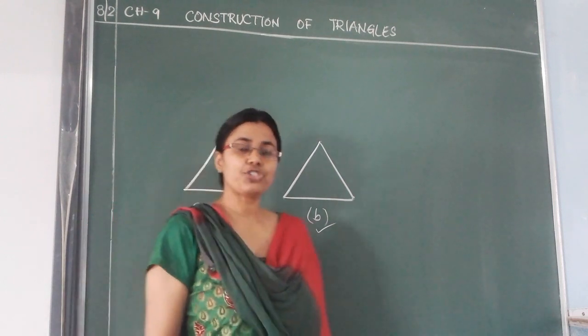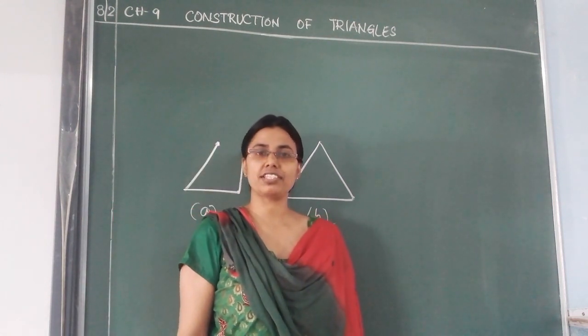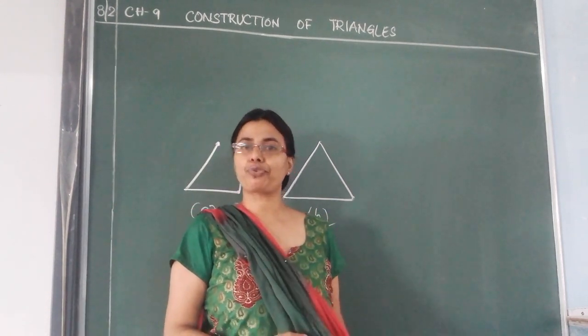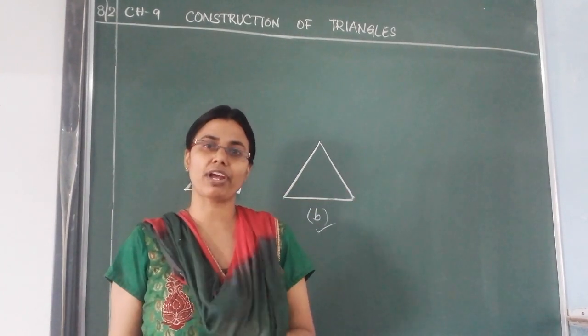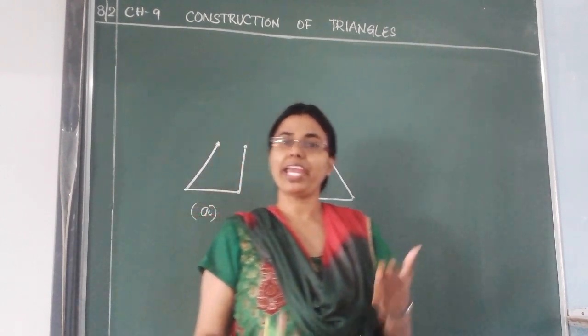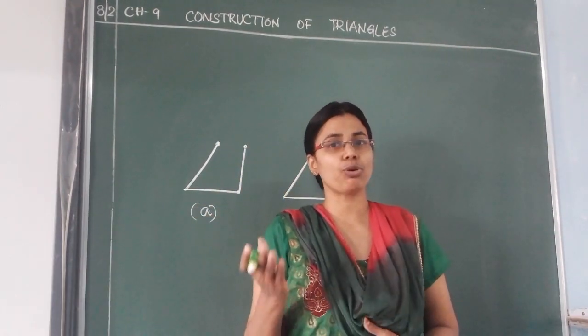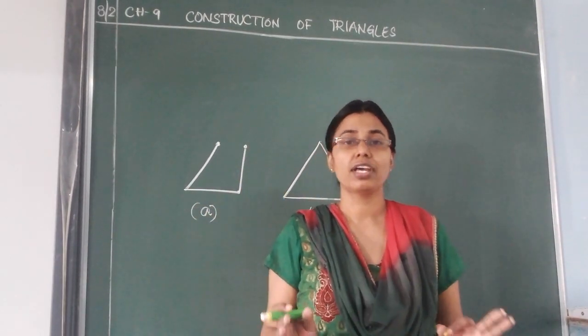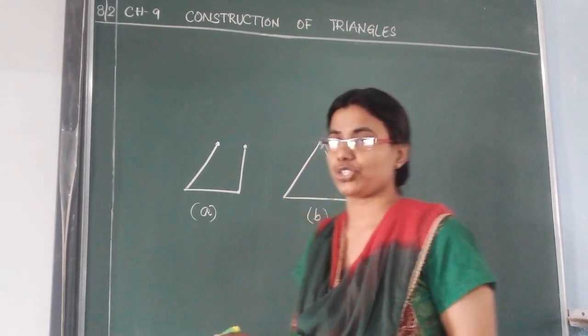So previously in chapter 5 we were discussing the types of triangles. How many types of triangles are there? Very good. So based on the angles and based on the sides you have 3 triangles each.